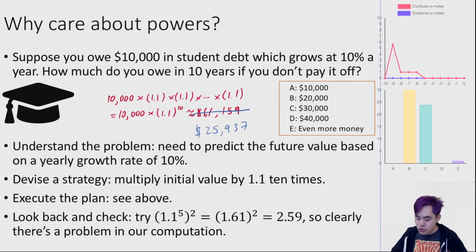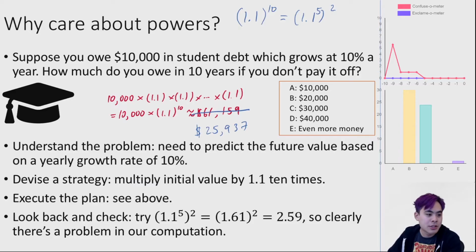But instead, another thing you can do is you can realize that 1.1 to the 10 is equal to 1.1 to the 5th power squared. And so let's just type in something different into the calculator, which means that I'm unlikely to make the same typos, for example.